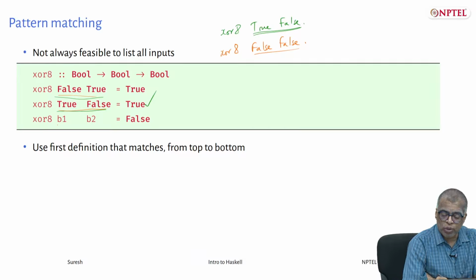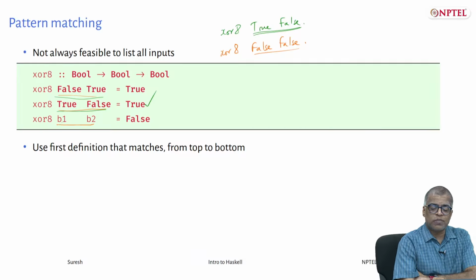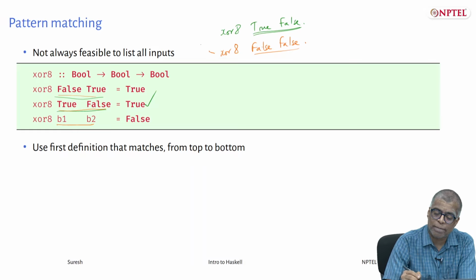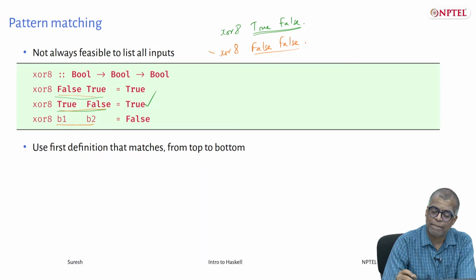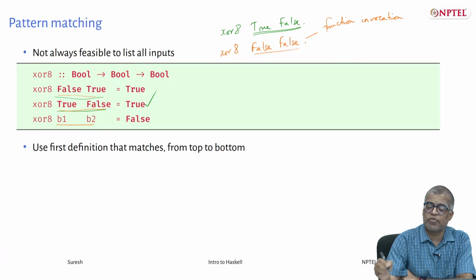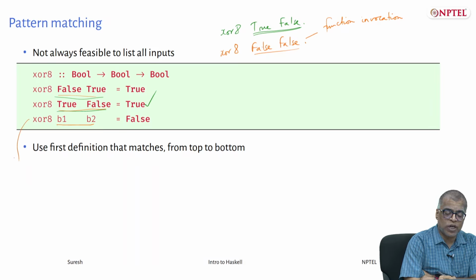But it will come to the third definition. Here it says b1, b2, and there it says false, false. This is the actual call. That is the function invocation. This is the function definition.